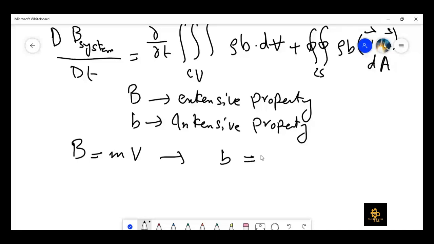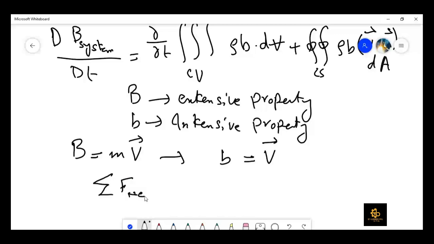So for the linear momentum, we know that the left-hand side becomes the rate of change of linear momentum, and we know from Newton's second law of motion that the rate of change of momentum is equal to the net force on the system. So we can just write F net on the system, or CV.